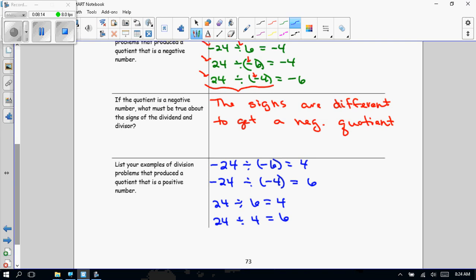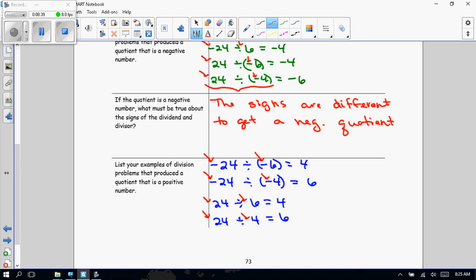Okay? Well, you know what the next question is going to be at the top of the next page, right? What do you notice about the signs? So before I flip it over, let's look at the signs. Negative, negative. The next one, negative, negative. Look at the next one. Positive, positive. Positive, positive. The first 2 were both negative.